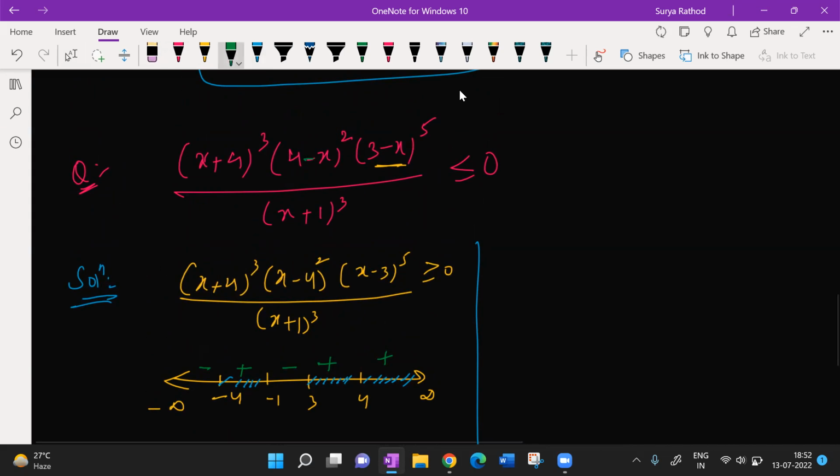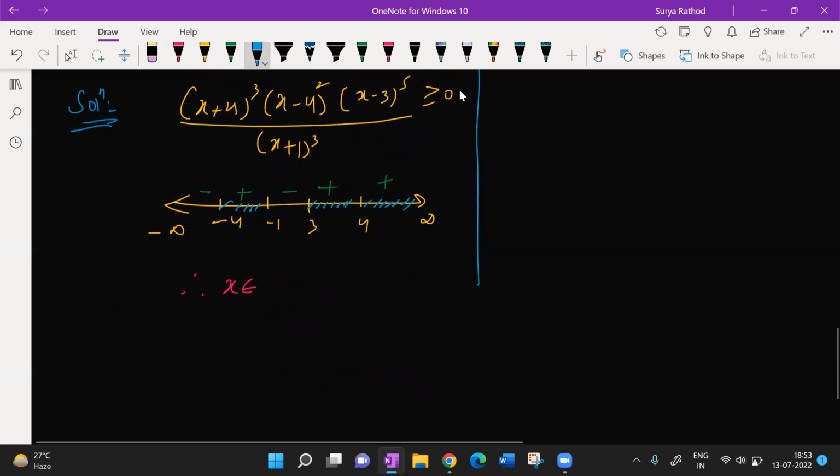Here, was the coefficient of x negative or not? Yes, it is negative. Negative to the power of an odd number is negative only. So you will have a negative in front. If you multiply with negative on both sides, the inequality changes, of course. Understood, Kavya? Yes, sir.